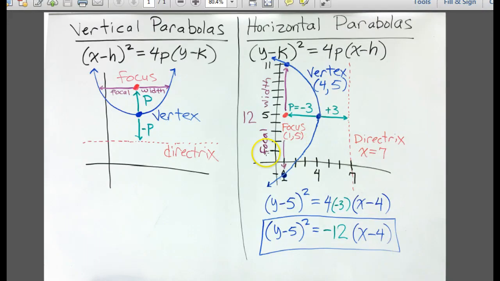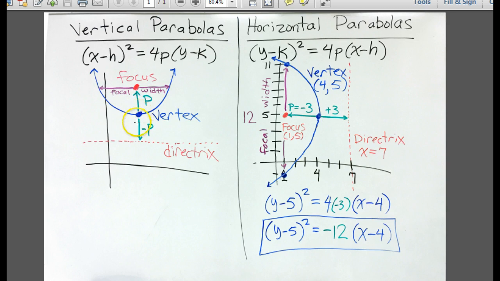Okay, so this is the focus and the directrix. Now, remember, imagine that this red dot right here is the focus, and then this red dotted line down here is the directrix. The vertex should be right in the middle between them. Because if you go from the vertex to the focus, that's p.